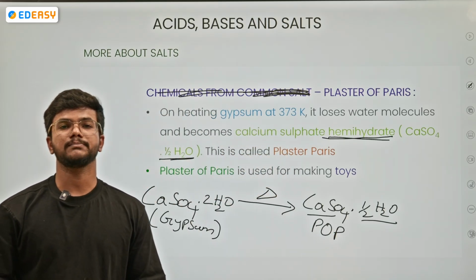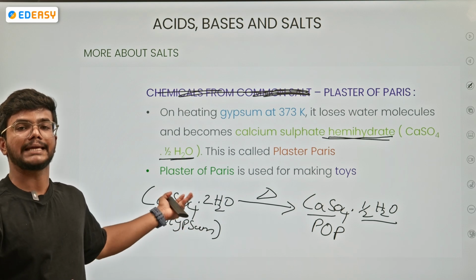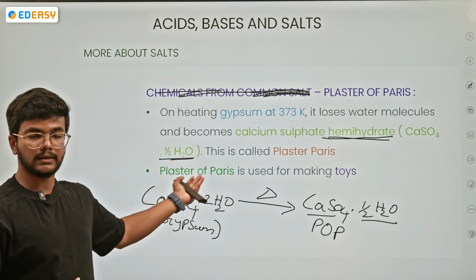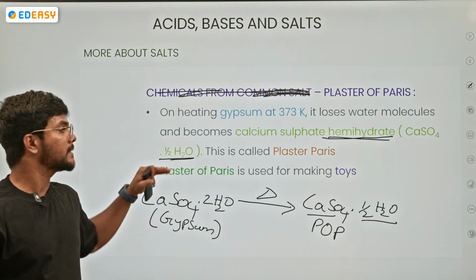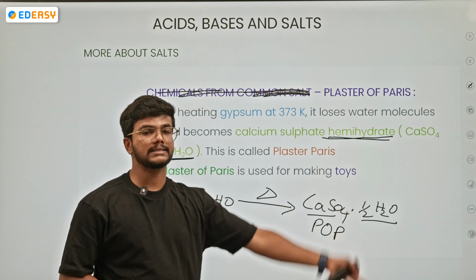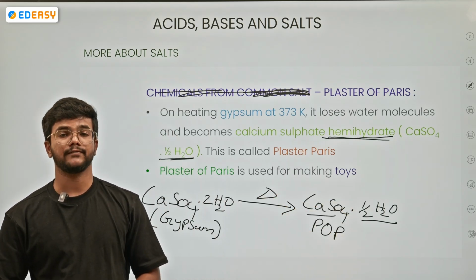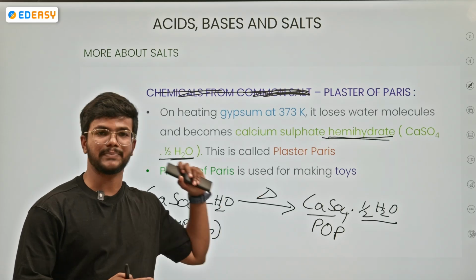POP is plaster of Paris. It is produced from calcium sulfate with two aqua molecules, also called gypsum. This gypsum at 373 Kelvin is converted into calcium sulfate hemihydrate, called plaster of Paris.